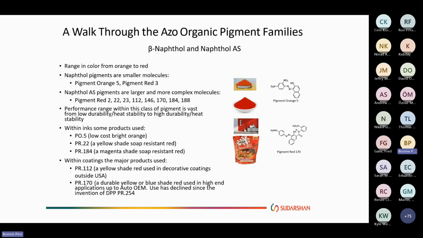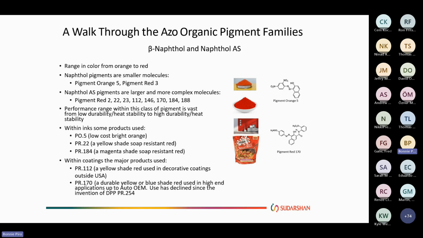The naphthols, the beta naphthol and naphthol AS type of pigments, these tend to be the orange and red spaces. A number of pigments fall into this category that are again, I'll use that phrase, the workhorses of a lot of different application areas.